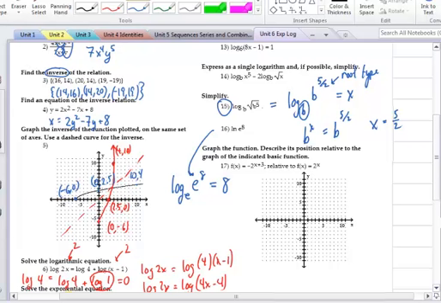On the last problem, don't forget your asymptotes. This final answer is negative 2 to the x, so it's going to be an upside down exponential, and this would be negative 2 to the x, and that's going to end up getting moved to the left by 3.